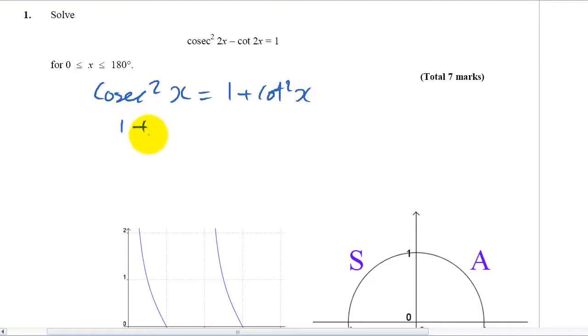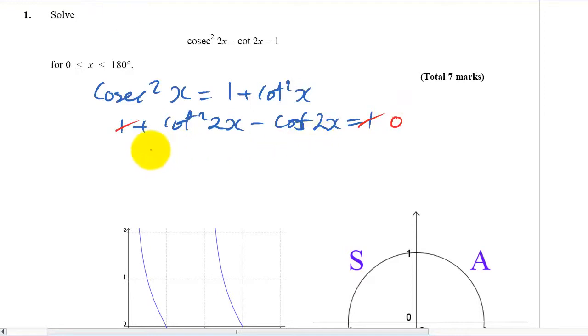So we get 1 plus cot squared 2x minus cot 2x equals 1. Now we can see we can cancel out the 1's, and that just leaves a 0 on this side. So now we're able to factorize.